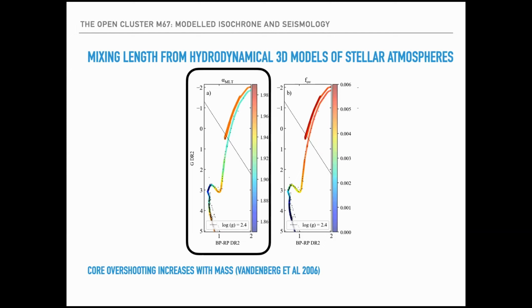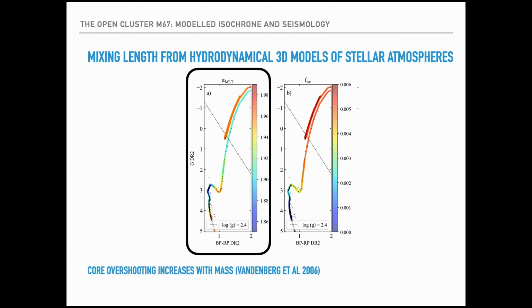Now, unfortunately, that grid stops at a log g value of about 2.4. So that's where that segmented line is. So above that line, we really don't expect the isochrone to be necessarily such a good fit as it is below that line. But you can see we already have a pretty good fit.